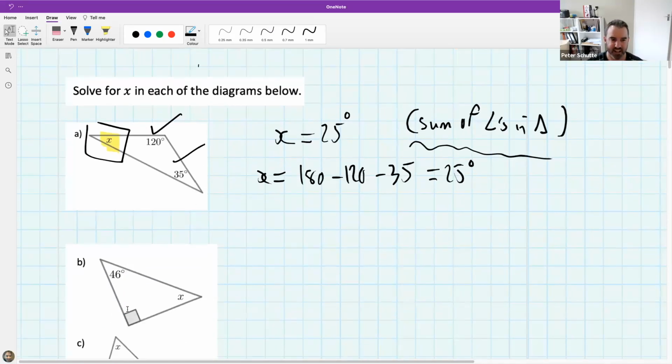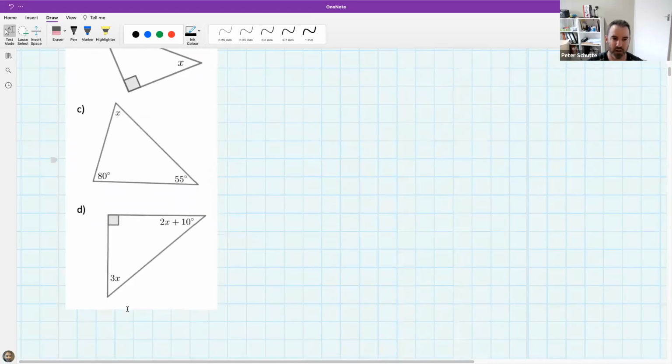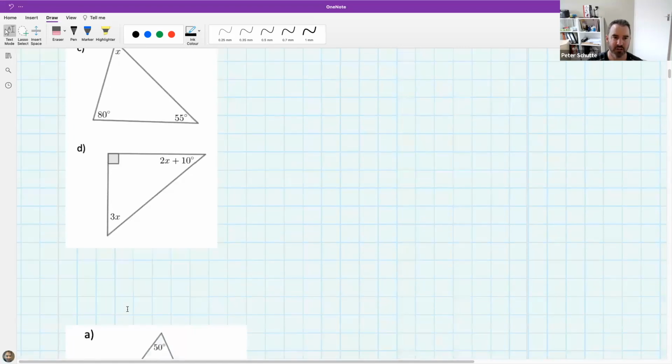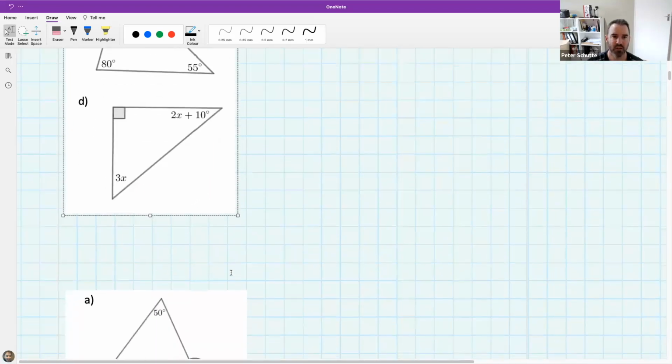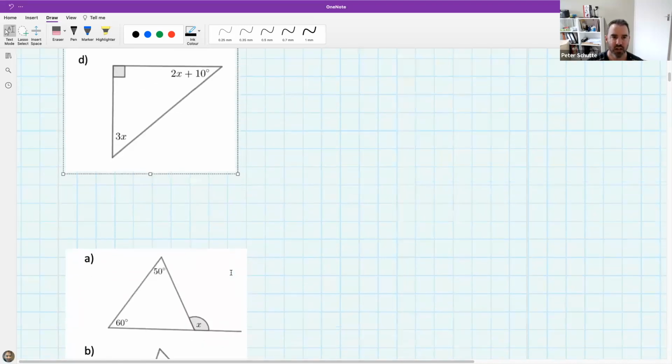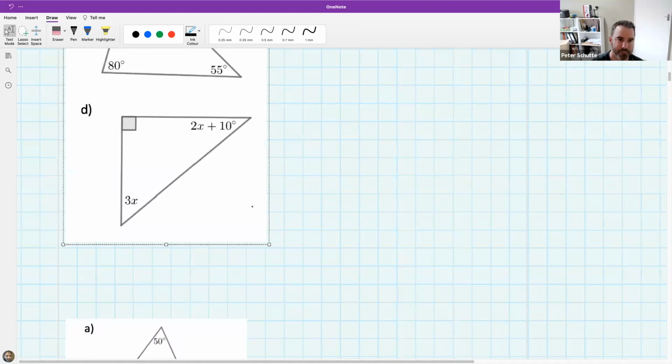Okay, let us do another one. I want us to try and do question D. So in question D, you are given a triangle that looks like that. I want you to figure out for me the value of x and the size of these two angles afterwards.